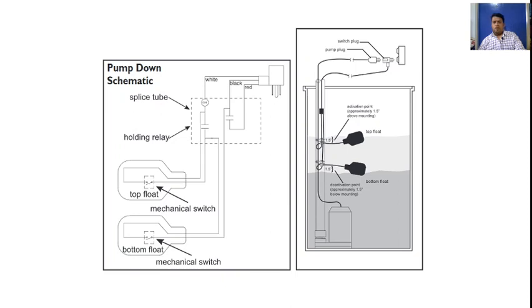Now you see here, this is the pump down schematic. If you observe, this is a float and this is a bottom float. Whenever the level is high or low, it is sensed here and the information is given to the pump.